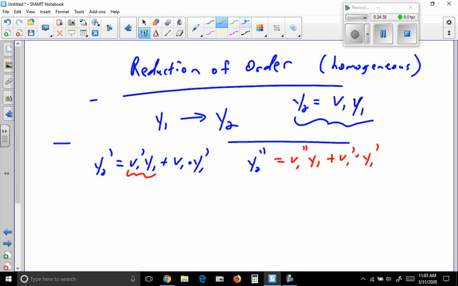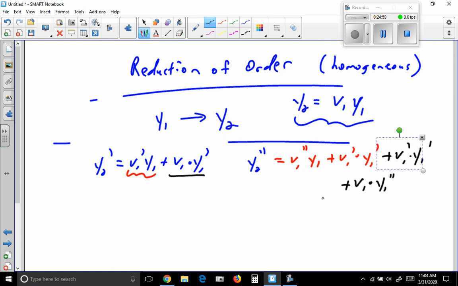So that's the derivative of that one. Now we have to do the derivative of that. So plus the derivative of the first factor, v1 prime times the second one, plus the first factor times the derivative of the second one.